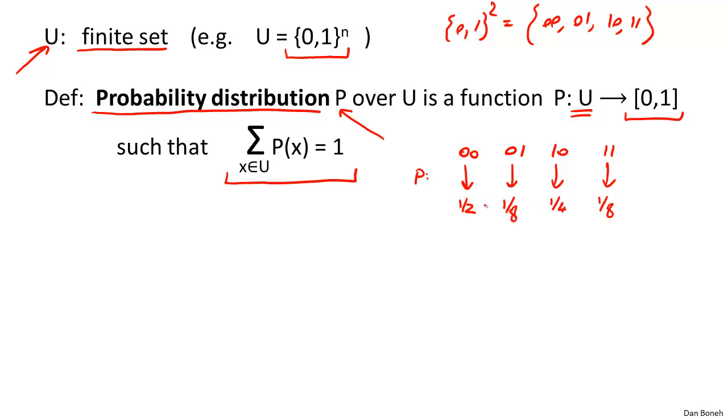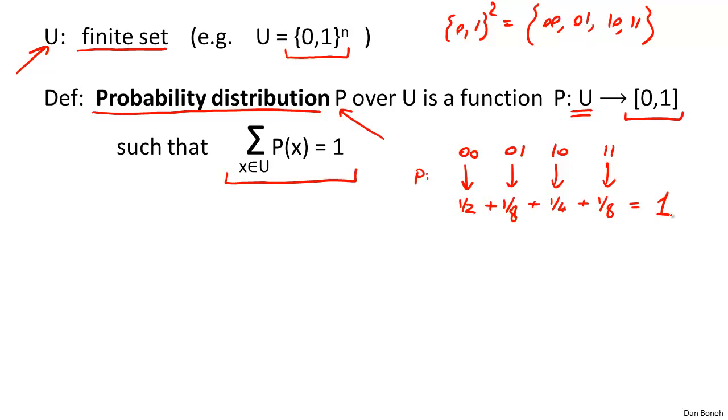Okay, and you can see that if we sum up these numbers, in fact, we get 1, which means that this P is, in fact, a probability distribution. Now, what these numbers mean is if I sample from this probability distribution, I'll get the string 00 with probability 1/2, I'll get the string 01 with probability 1/8, and so on and so forth.